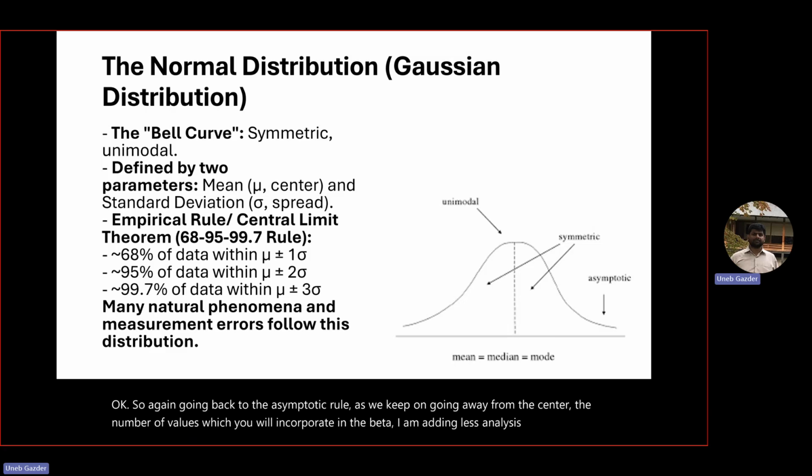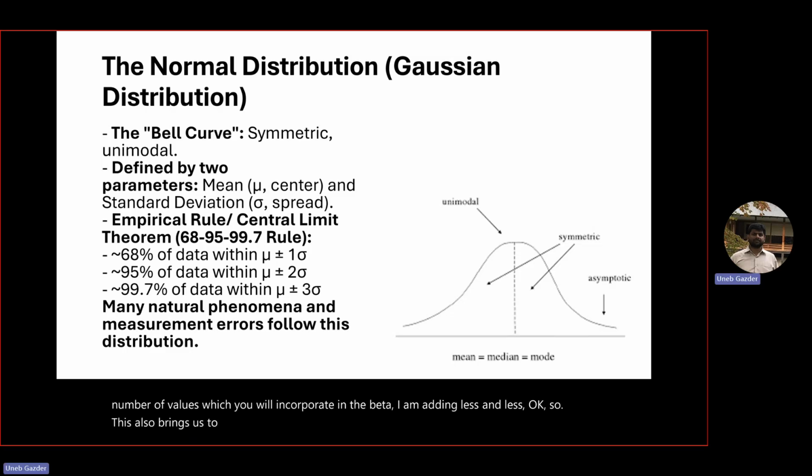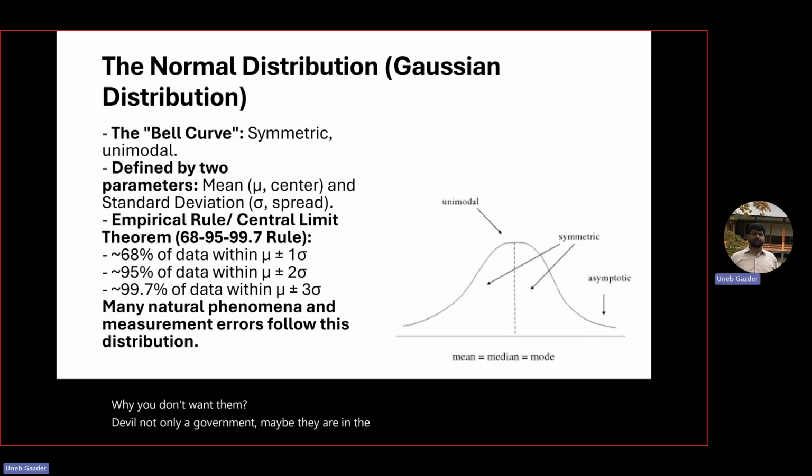So this also brings us to the concept of outliers. Why don't we want them? They will affect the shape. Maybe they are following the shape, but they are far from the center, like the box plot I showed you.